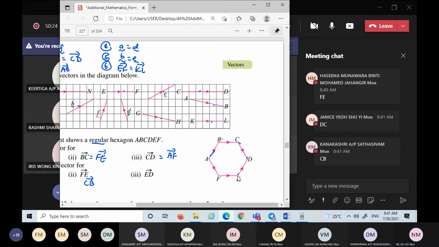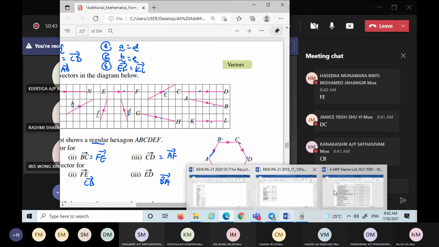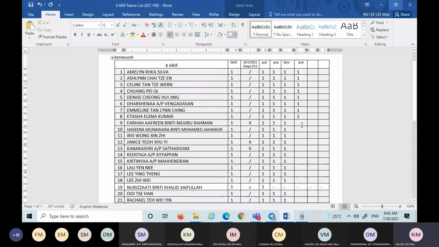The negative vector for ED. BA. ED is supposed to be the same as AB, so reversed it is BA. Very good. I give the 1 mark first.